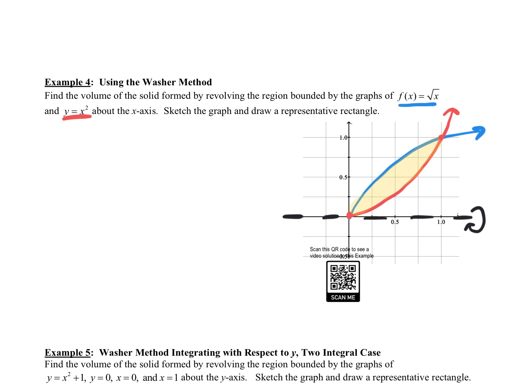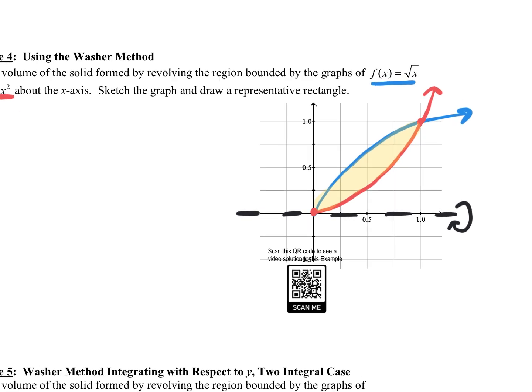These representative rectangles are going to be super helpful in figuring out what is big R and what is little r. I would choose your two favorite colors and then use those consistently across all of these examples. I'm going to use pink and green.